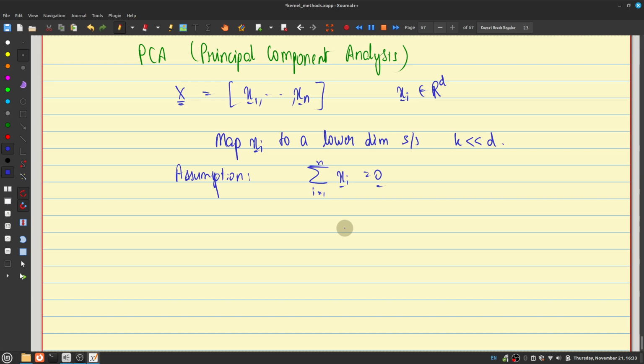This is required to interpret this as a lot of the variation being contained in some k dimensional subspace of Rd. Yeah, we just center it. Correct, that's true.